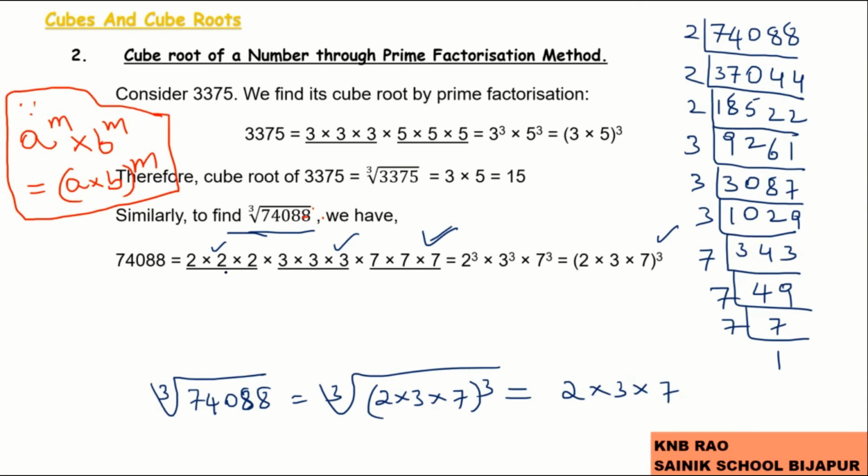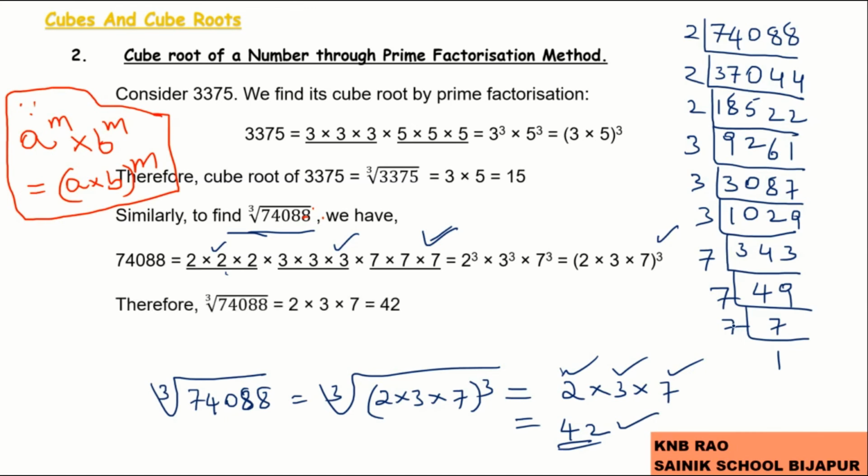So I can say one for each triplet prime factor comes. So their product is 2 3s are 6 and 6 7s are 42, which is the cube root of 74,088. This is how we find the cube root of a number using the prime factorization method.